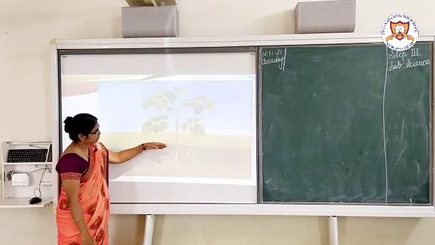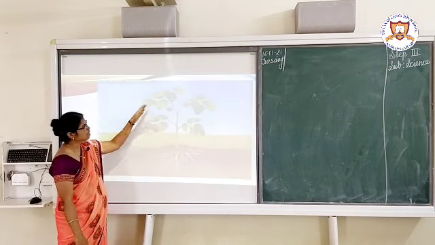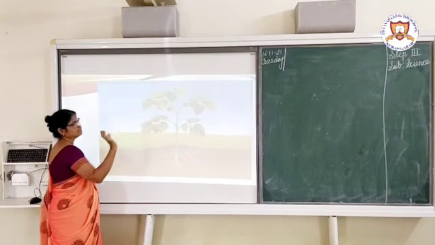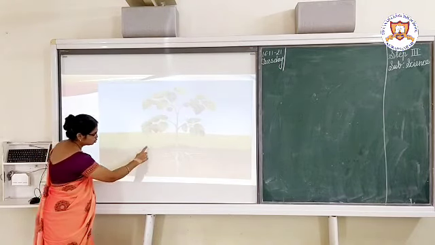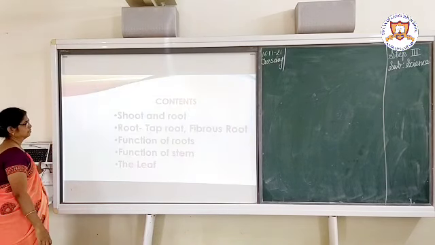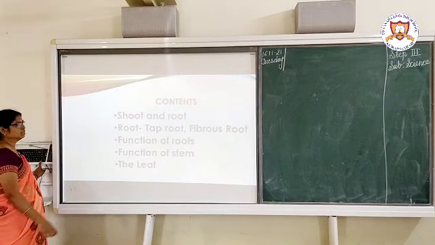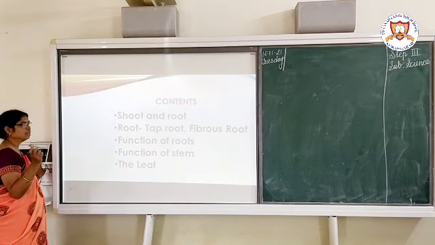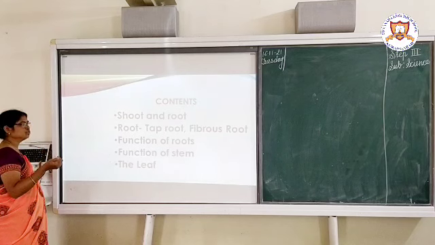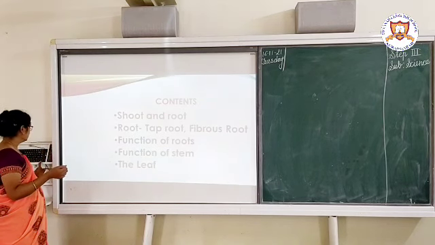And the part of the plant that grows above the ground, this whole part, is called the shoot, and what grows below the ground is called the root. In today's topic, these are the contents. You will learn about shoot and root. In root, you will learn about taproot, fibrous root, and functions of root, stem and leaf.